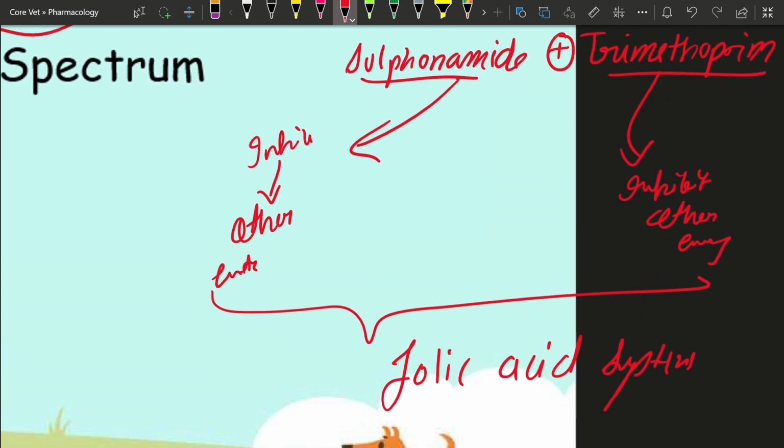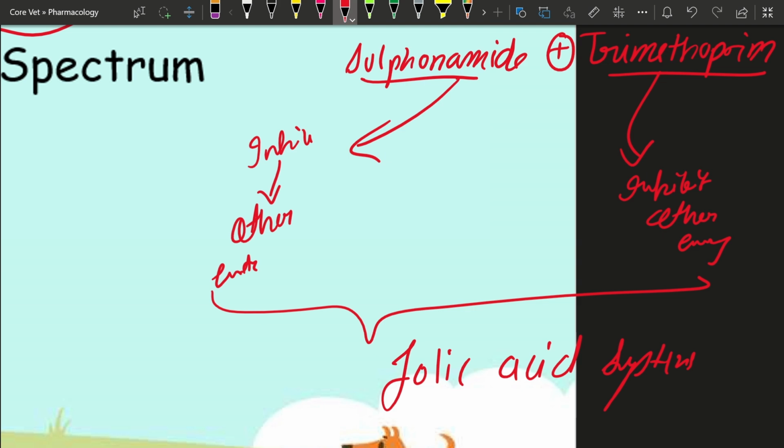In folic acid synthesis there are several enzymes acting on separate steps. The sulfonamide is going to affect one enzyme, and the trimethoprim is going to affect another enzyme.